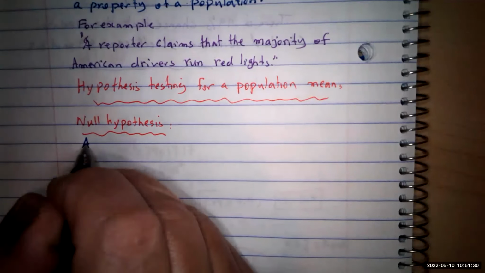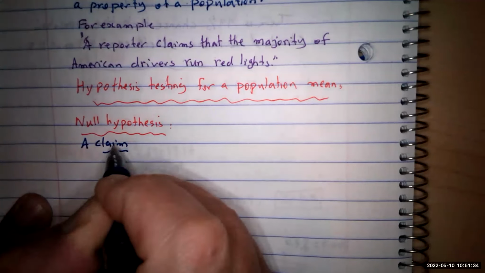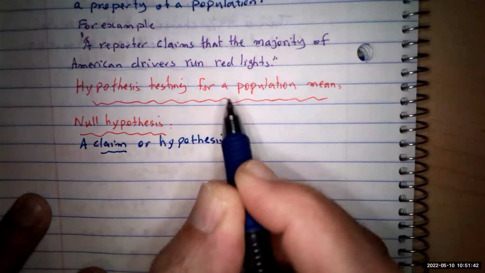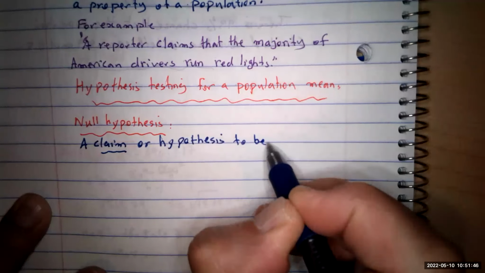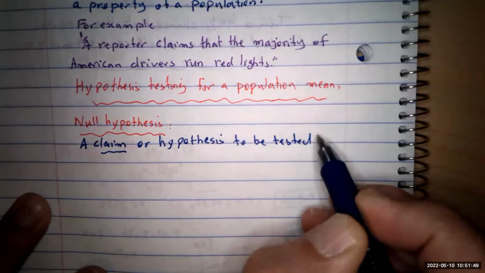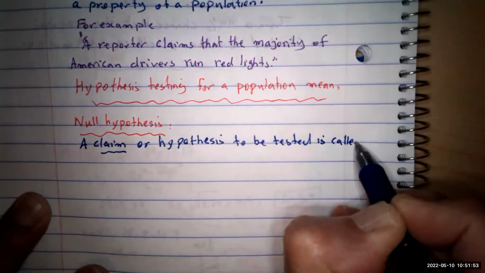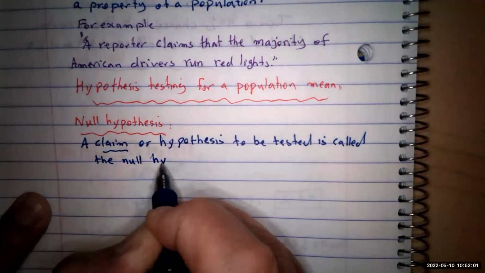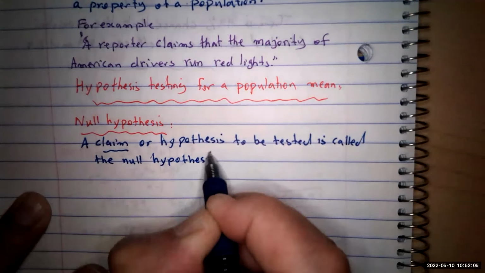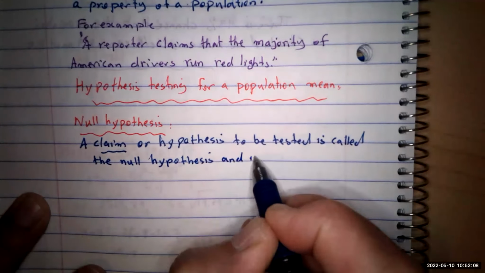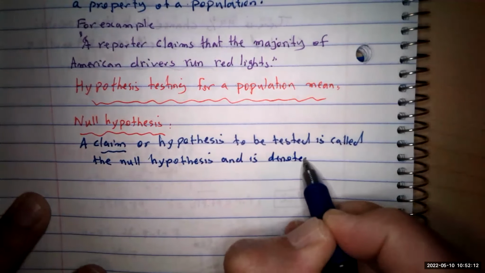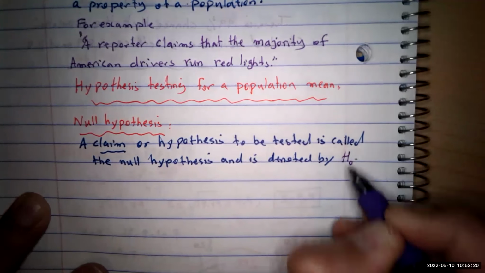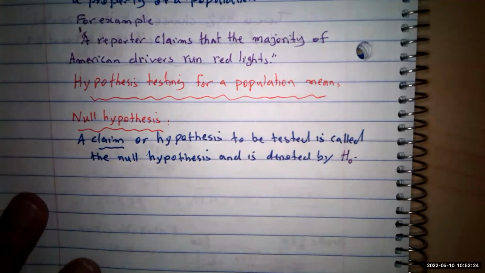So a claim or hypothesis that's going to be tested is called the null hypothesis, and it is denoted by H0.